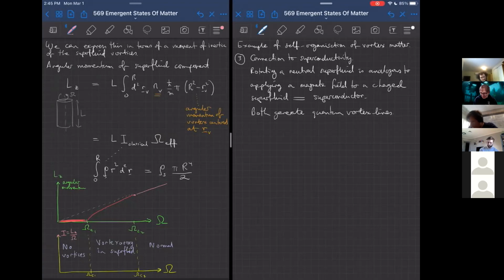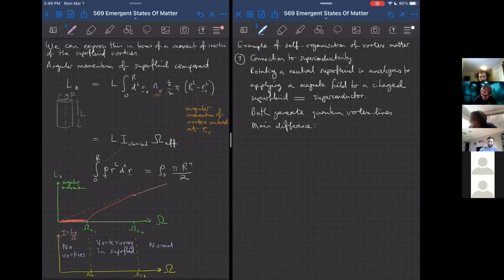But there's one difference, which we'll get to when we talk about superconductors and the Anderson-Higgs mechanism.